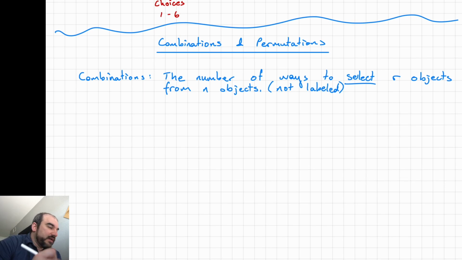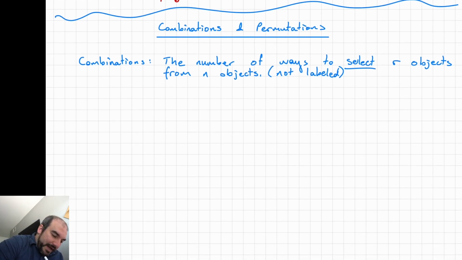We write this as nCr, and you'll have a button that looks like that on your calculator as well. And the formula for this calculation is n factorial over r factorial times (n minus r) factorial.